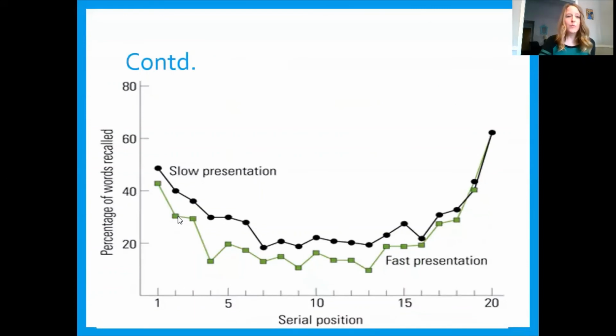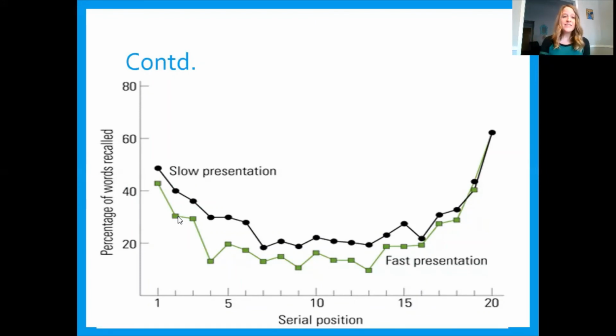We can also see that if we give people more time, this more time seems to facilitate performance for all of the words on the list, except for those that appear at the end, because again, that recency effect is dependent upon short-term memory.